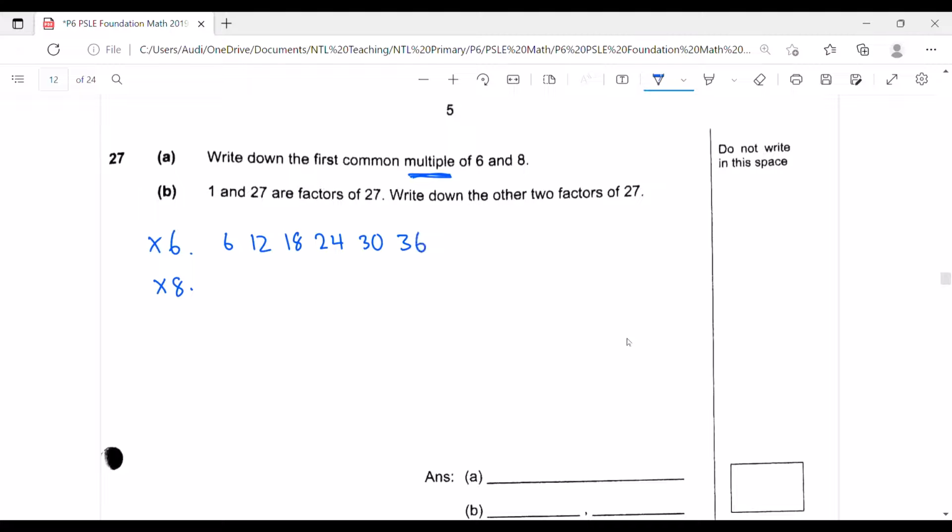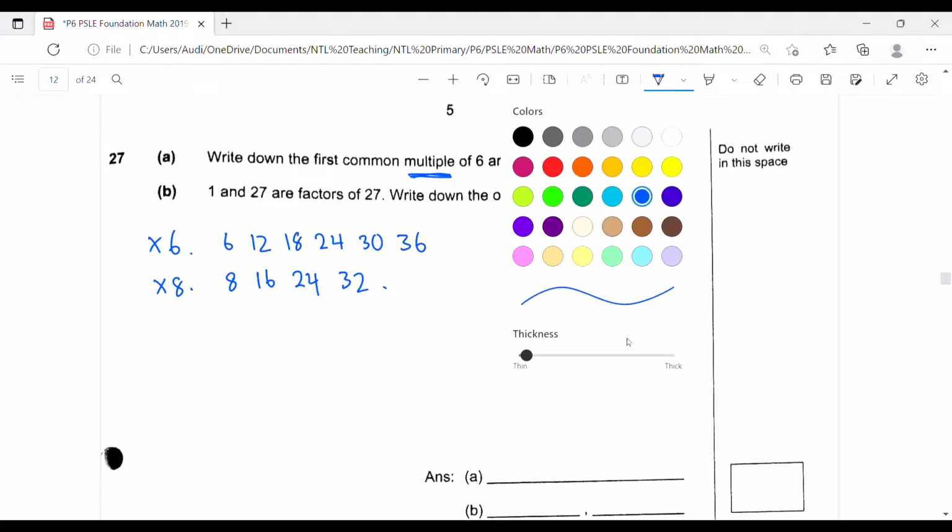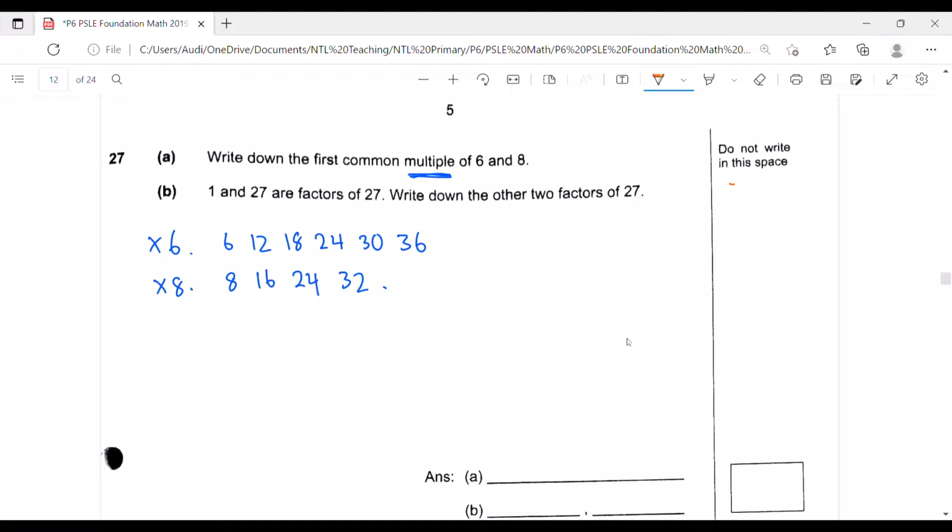We're going to stop here. We'll try the 8 times table now. 8, 16, 24, 32. Okay, there we go. We see the first common multiple. What's the first common multiple? What's the first number that appears in both times tables? 24. And that's our answer, 24.